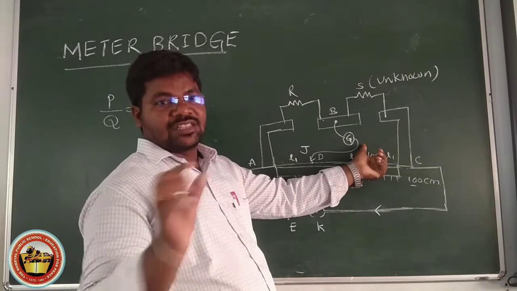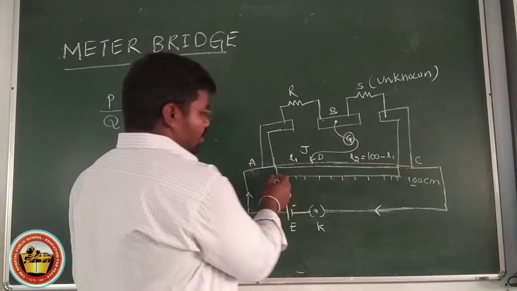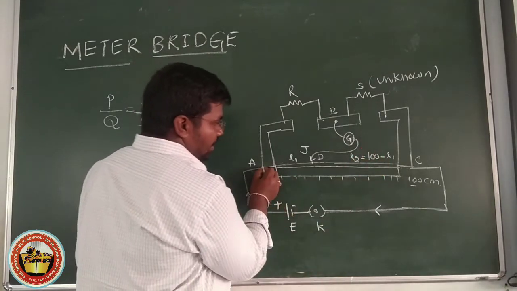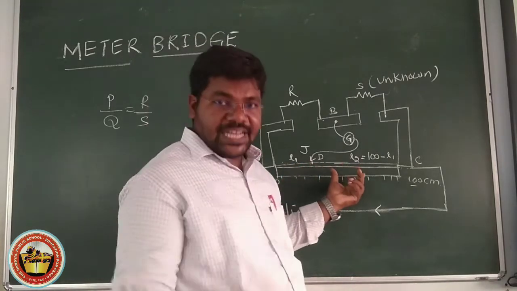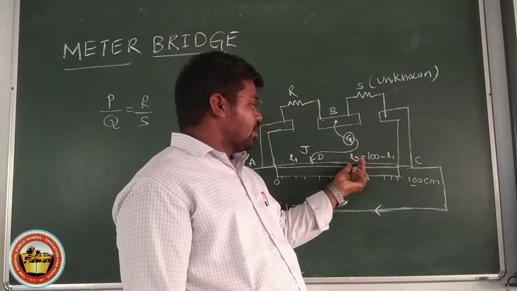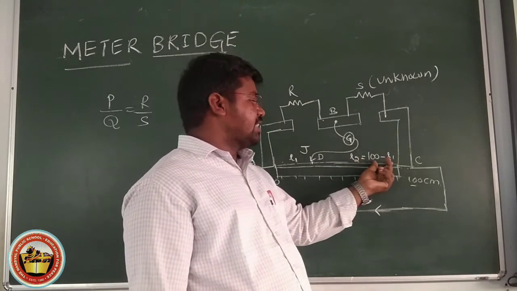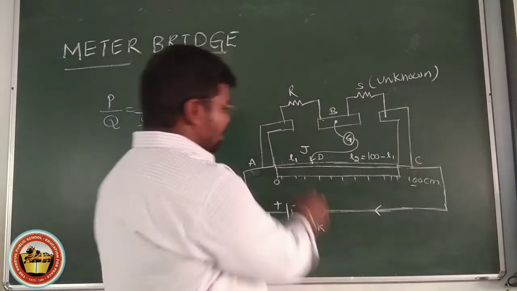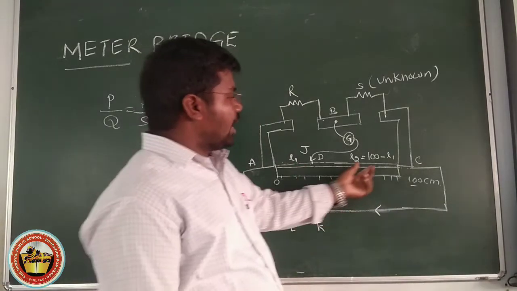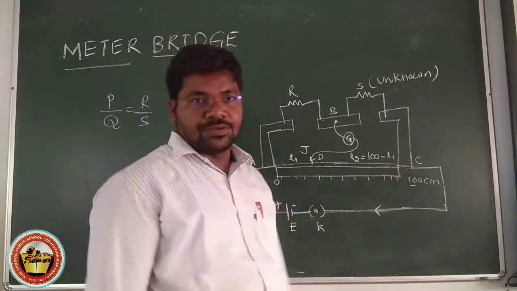We measure the distance from A to D, say it is L1. The remaining length is L2, and L2 is equal to 100 minus L1 because the length of the wire is 100.